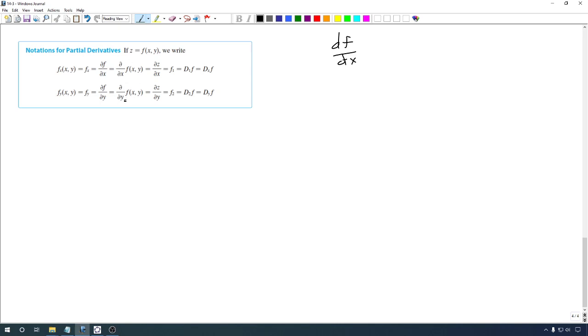I will mostly only use the curly d notation when we're doing something like this. When we have to maybe use the ddx and the ddy notations in the middle of a computation, like I have a function of two variables, say 2xy.